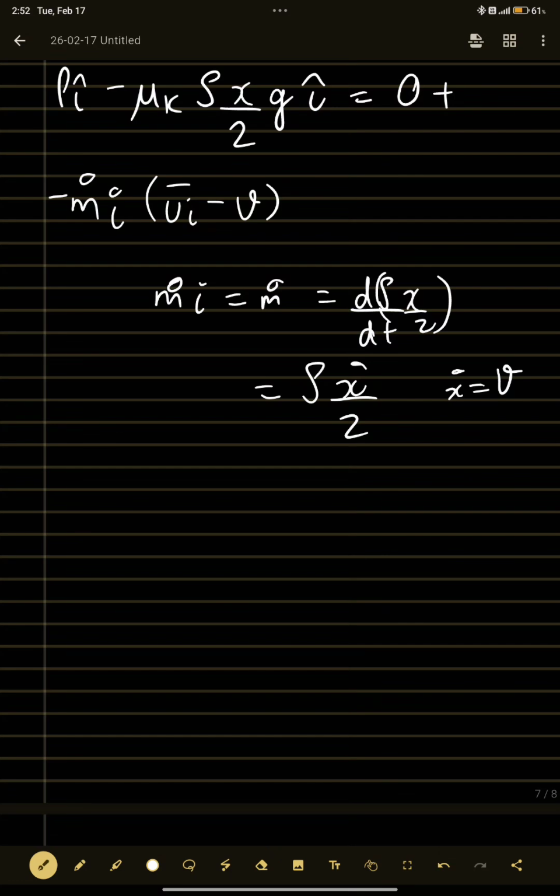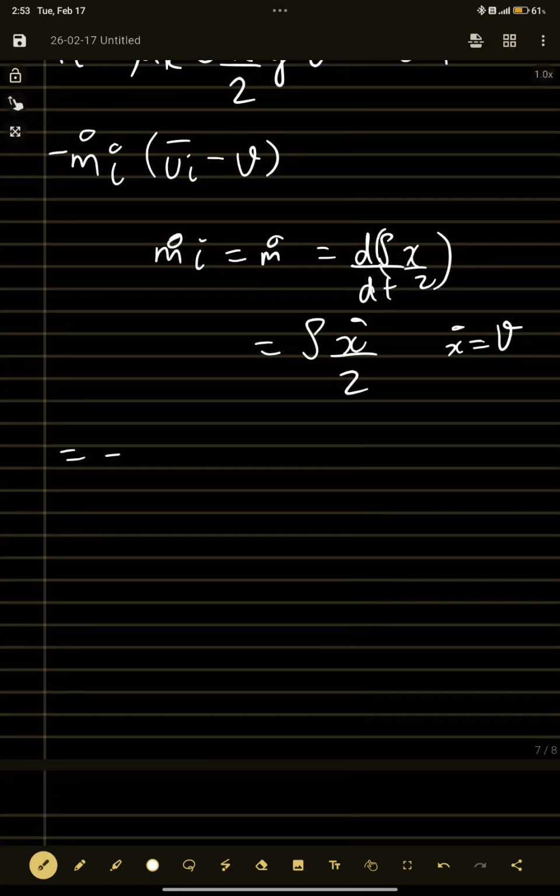So this part is going to give you that impulsive or flow force because of addition of the link, causing the chain length to increase. So when you do it, it is minus m dot, which is rho x dot by 2, ui is 0, and this is x dot. X dot, right?